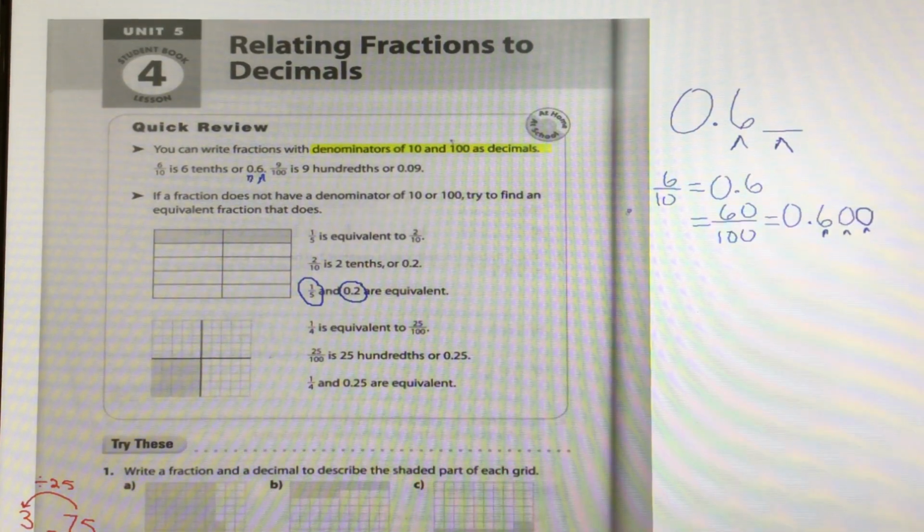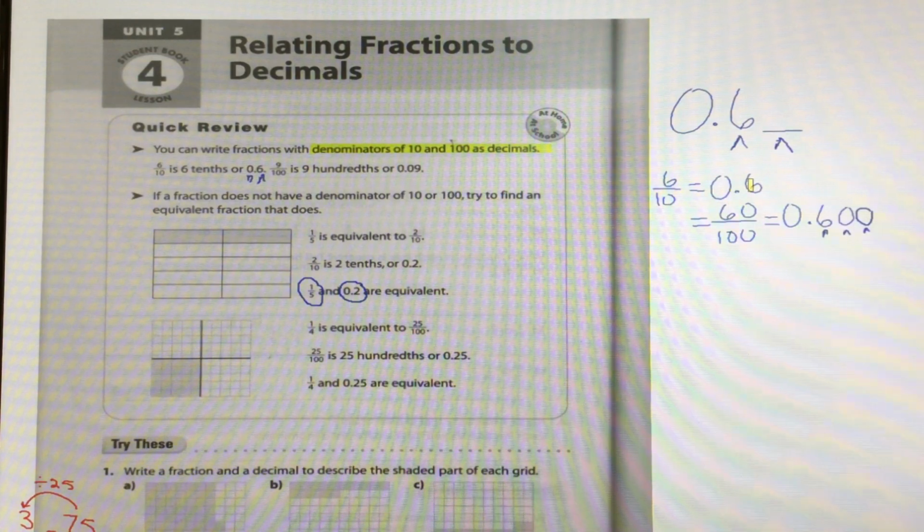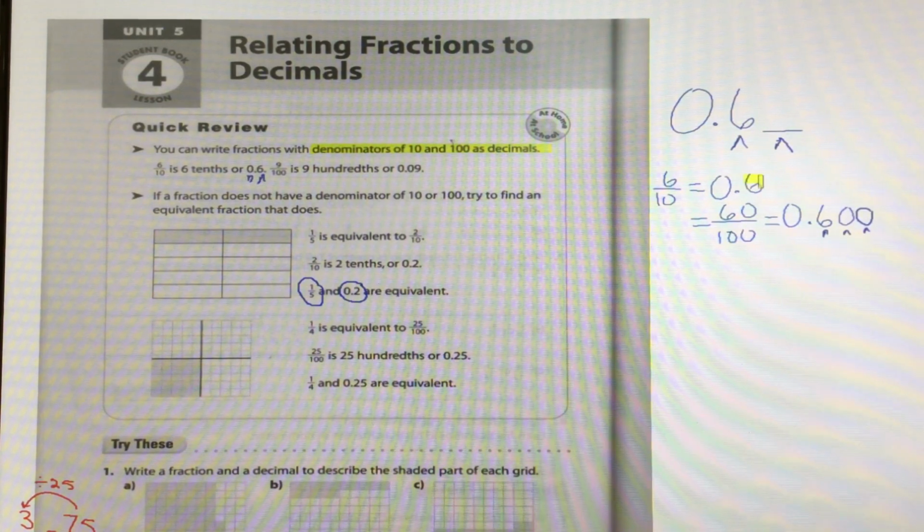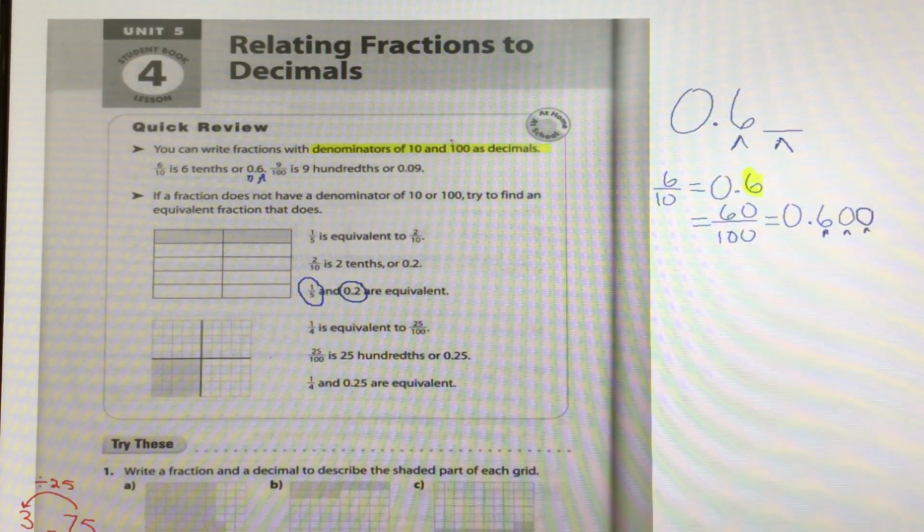Let's take a look at this. Off to the side here, there's an example, a demonstration. We know that 6/10 is equal to 0.6 because this is our tenths column, and there's 6 in the tenths column. We also know that if we had a 0 right here, that would be 60, and this column is the hundredths column.